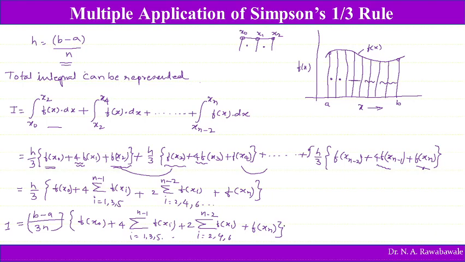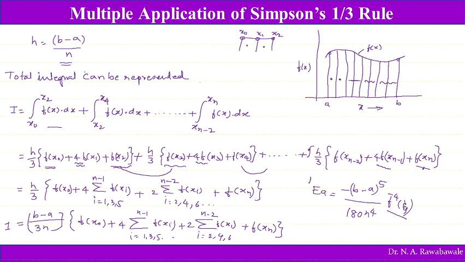Here also there exists an error. The approximate error Ea is given by minus (b minus a) to the power of 5 divided by 180 n to the power of 4, times f fourth derivative of zeta.